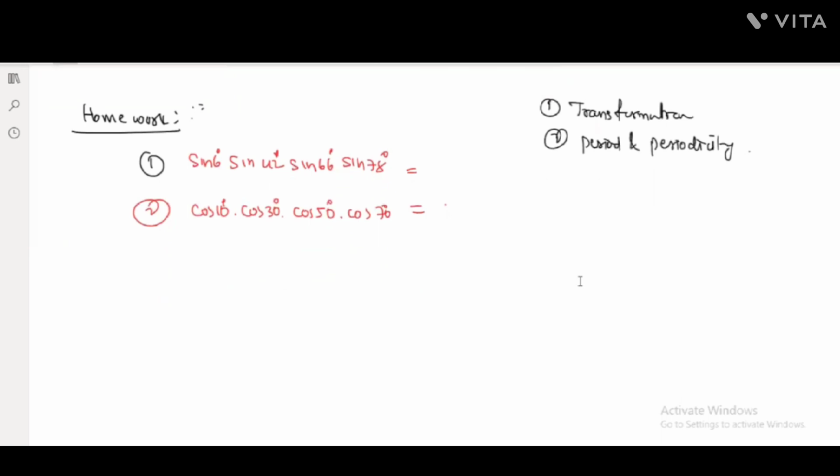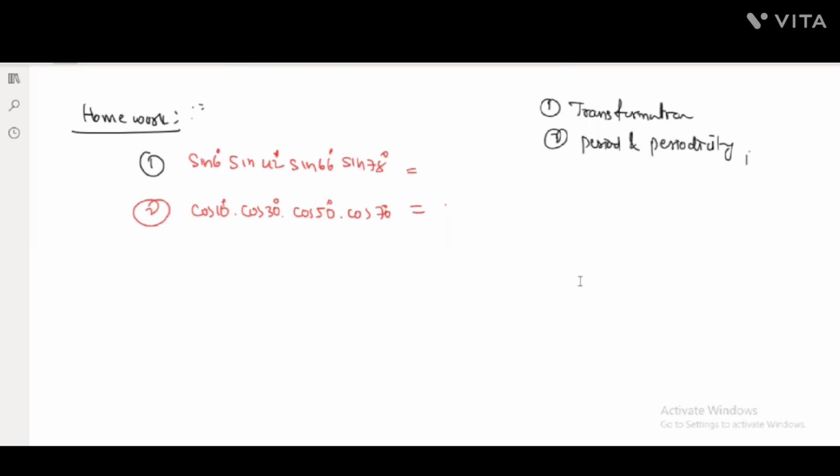Before proceeding to our topic, in part 3 I gave you these homework questions: sine 6 degrees, sine 42 degrees, sine 66, sine 78. So let's see how to solve these questions.